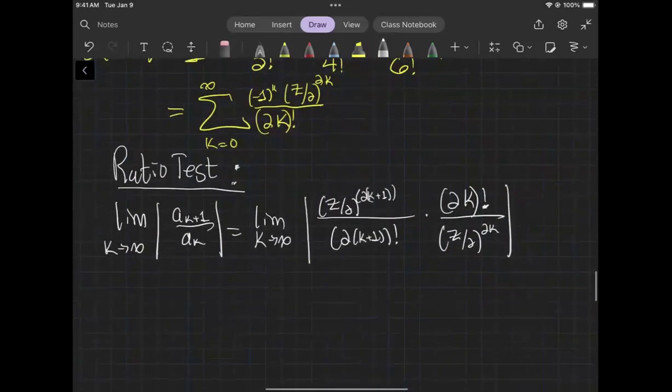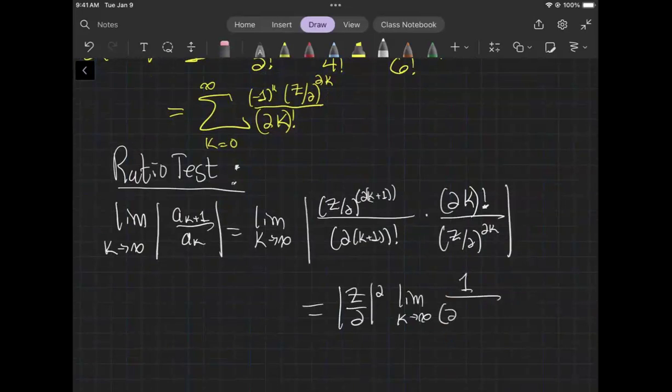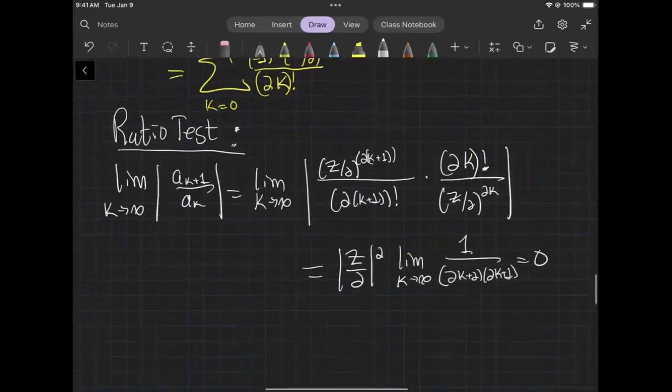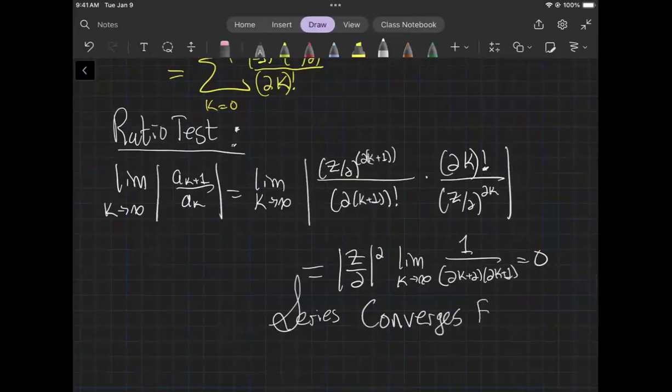And so you'll get the length of z over 2 squared times the limit as k goes to infinity of 1 over (2k plus 2) times (2k plus 1), and this is 0. So the series converges for every complex number, so the radius of convergence is infinity.